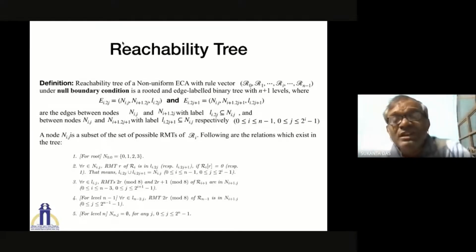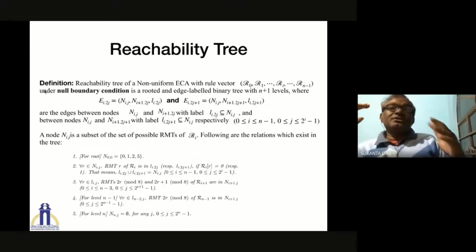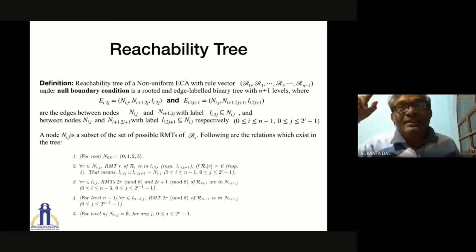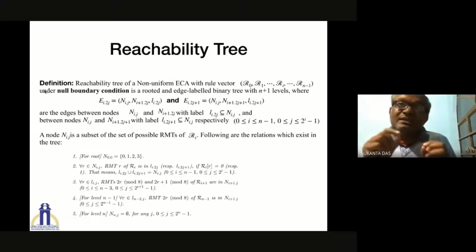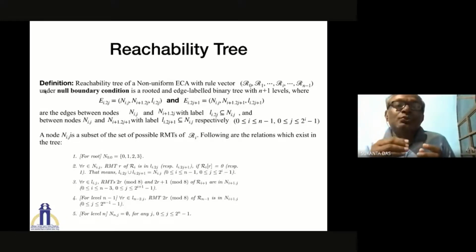Then it's a rooted and edge labeled binary tree, and edges are numbered. We number the edges in this way. First, the root is level 0, then level 1, level 2, up to level n. So we write nij, where n means a node, n is a node of level i, and j is the index. Similarly, we define a level of an edge also, eij.